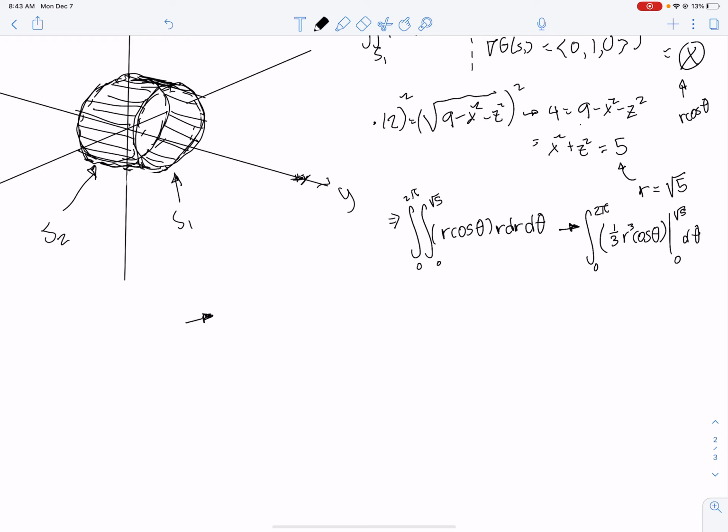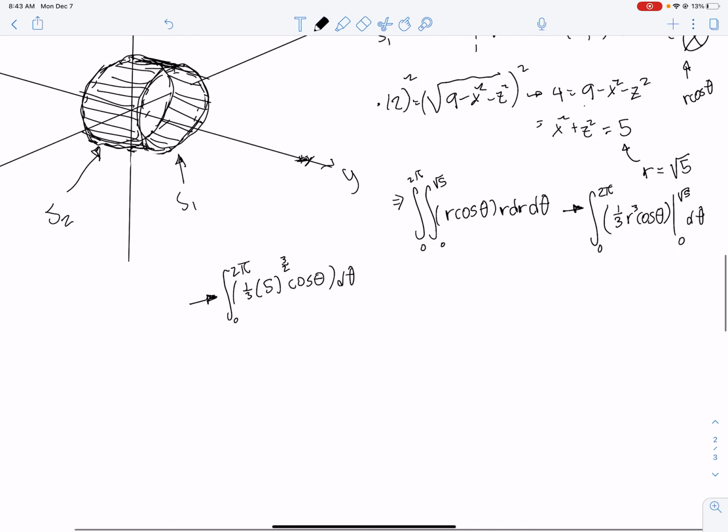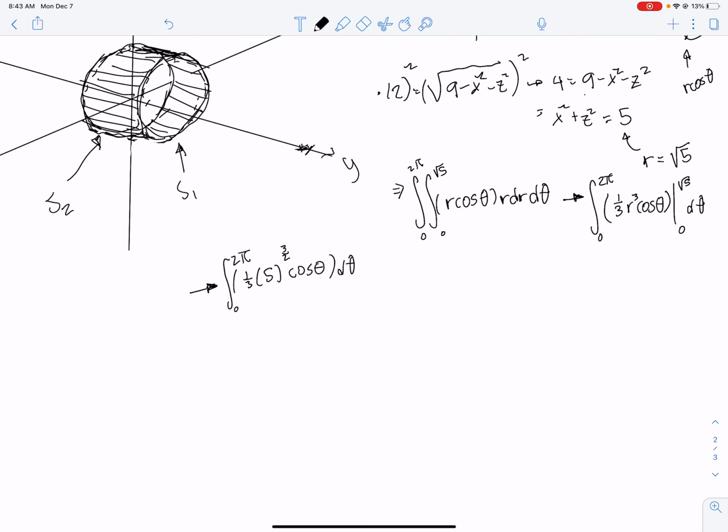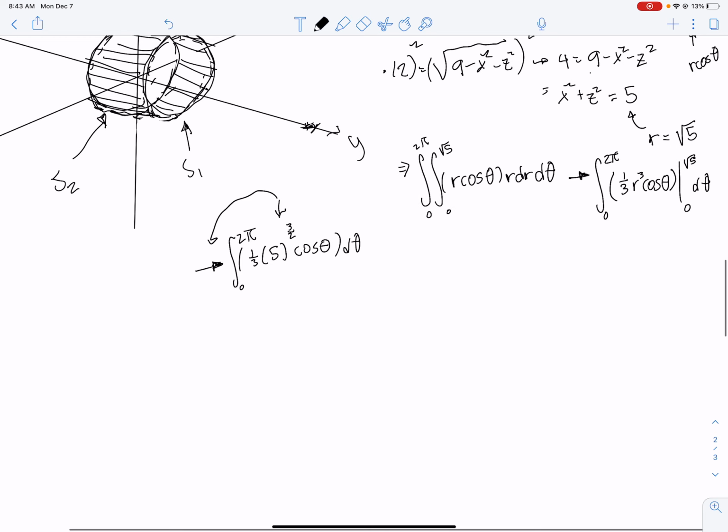Now plugging in our upper and lower bounds. From here we can just put this whole constant out in front and just solve the integral for cosine theta from 0 to 2 pi, which would just be our 5 root 5 over 3 sine theta from 0 to 2 pi.